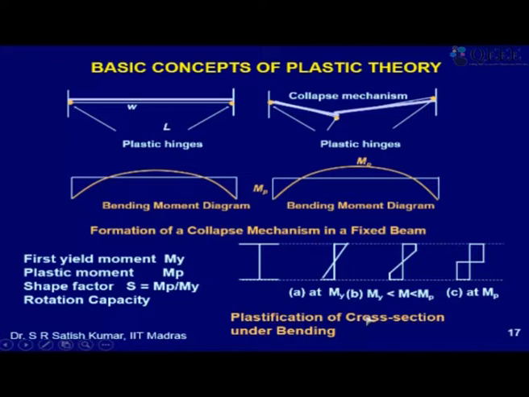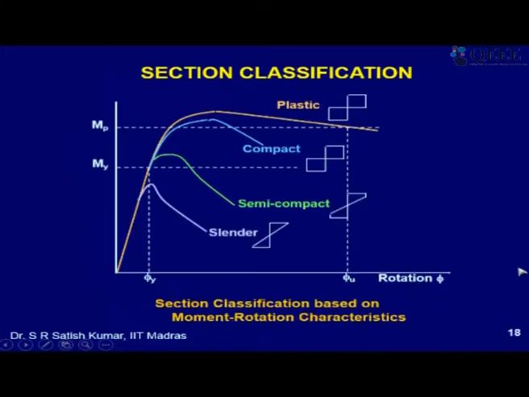So that means we have to limit the b by t values if we want to do a plastic analysis. And if we want to consider local buckling, then the analysis becomes even more complicated. Okay, so normally we don't do that for routine design. So we either do elastic analysis or we do plastic analysis and we take care of local buckling in an indirect way. So now we want to see how we take care of that.